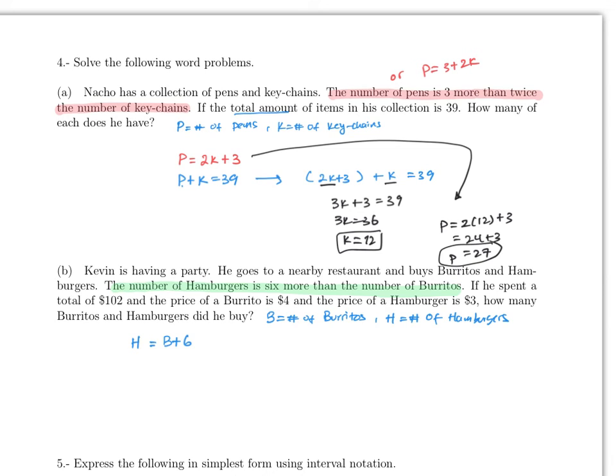Well, the total is going to be the number of burritos, which is B, times the price for a burrito, which is $4, plus the number of hamburgers, which is H, times the price for a hamburger, which is 3. So this is the total amount for the burritos, this is the total amount for the hamburgers, and together this is equal to 102.